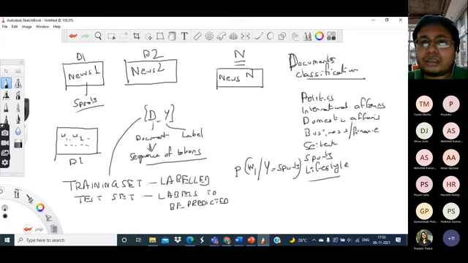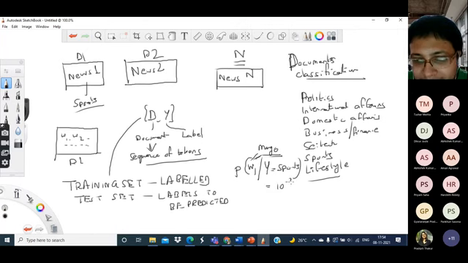Say, for example, this W1 is maybe mango. In a document labeled as sports, it's highly unlikely that the word mango will be present, so this will have very low probability, maybe something like 10 to the power minus 3.